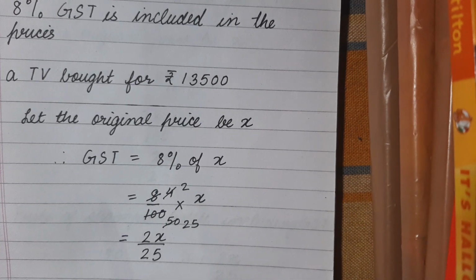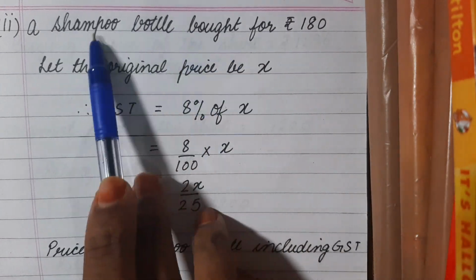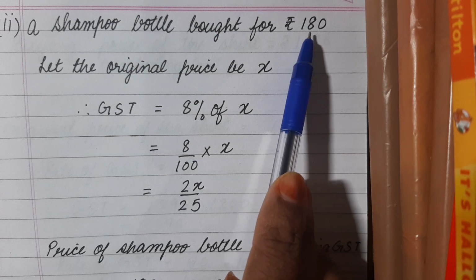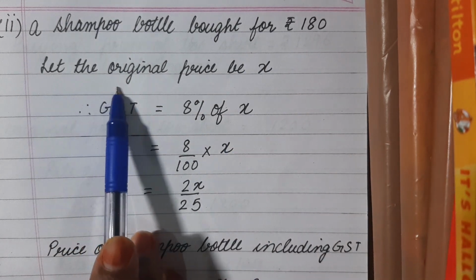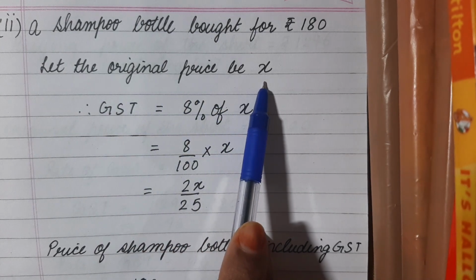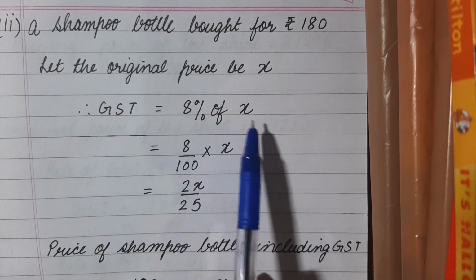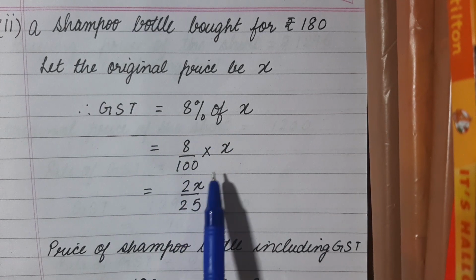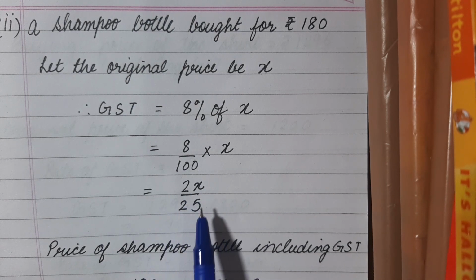In the same way, question number 2, second part. A shampoo bottle bought for rupees 180, which means GST is added in 180. We assume the original price to be X. GST will be 8% of X, that is 8 upon 100 into X, which is 2X upon 25.